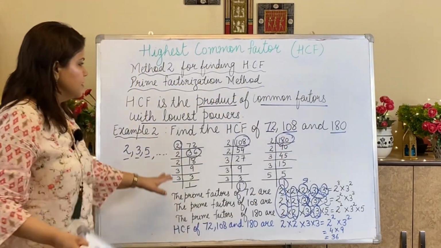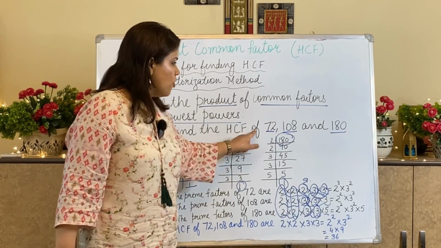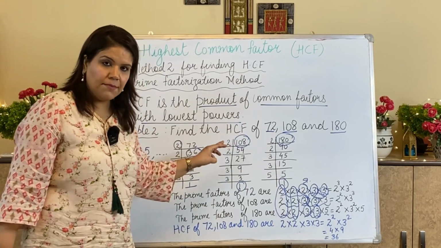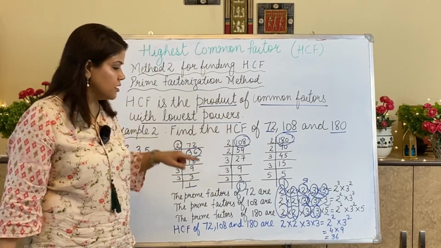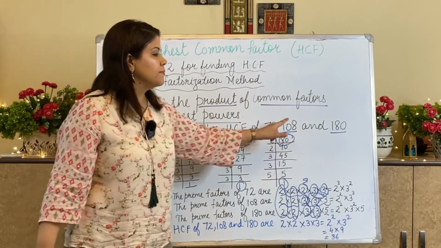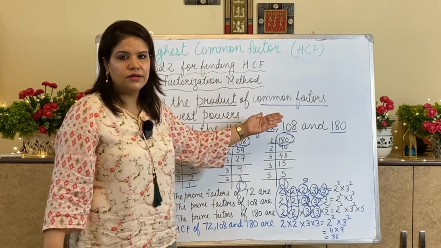Like I have taken this example. Which numbers I have taken? HCF of 72, 108 and 180. I had taken these three numbers, but what was my answer? Answer was 36, which is far lesser than these numbers. So that means HCF cannot be greater than the given numbers.